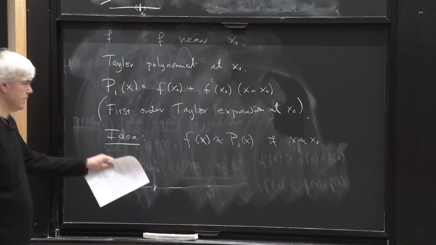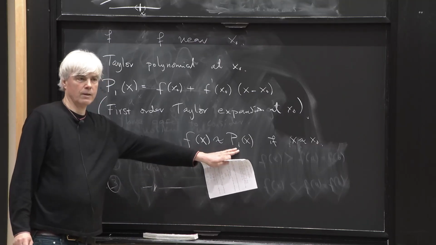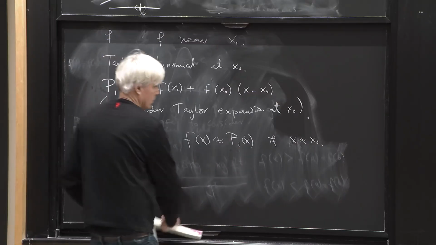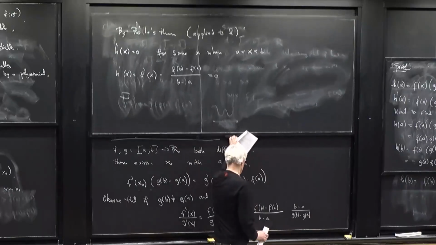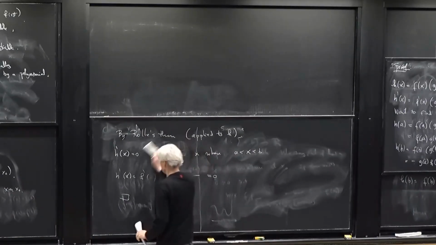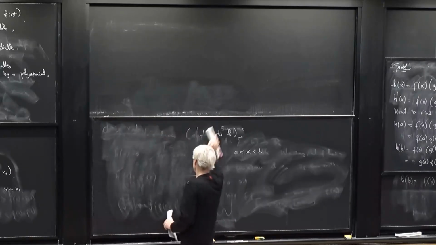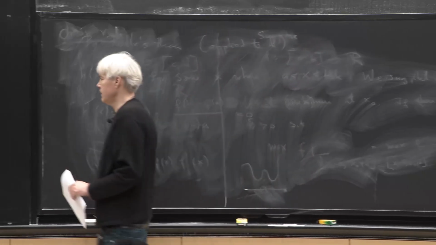So near x0, the function is very well approximated by, in this case, this linear function. But the key here is, how do you estimate how well it approximates?